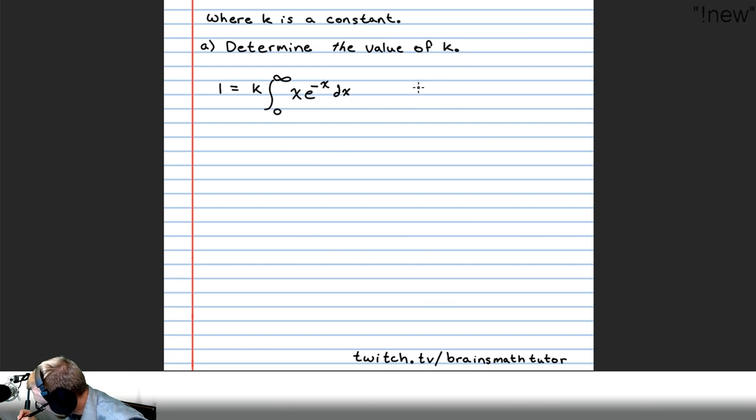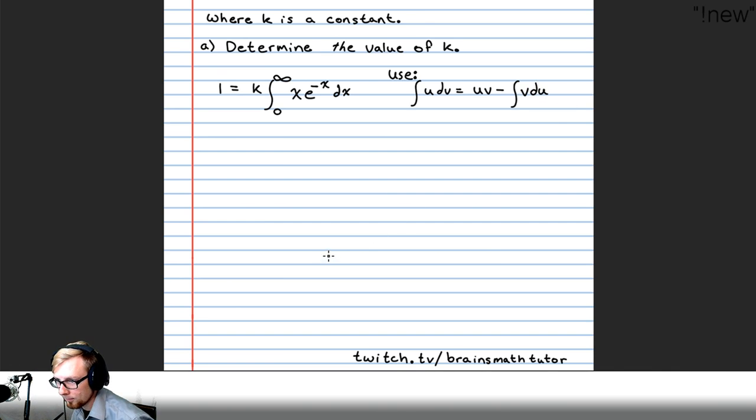Okay, handy dandy integrals. So the integral of u dv equals uv minus the integral of v du. Let's see, I'll write it over here.